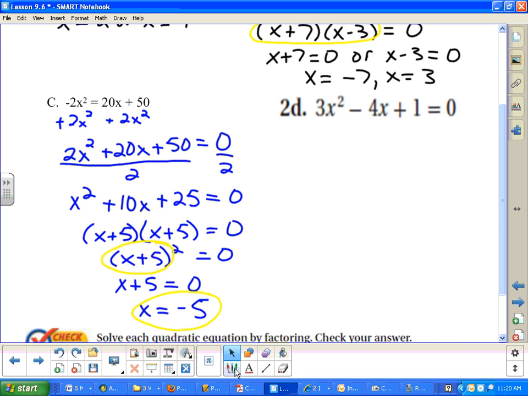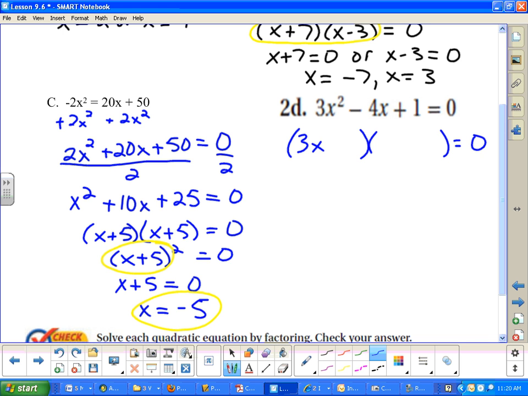So now we need to factor this one. So we've got to use that slide and divide method, maybe. Maybe some of you can do it without. Now here's one thing. If I factor this, I know I have to have 3x here and x here. How many people know that?